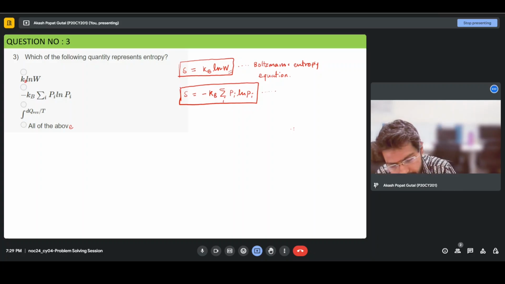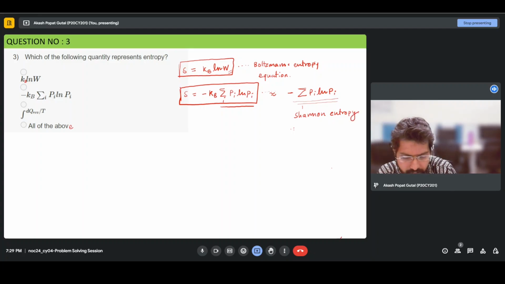This form, the negative summation of pi ln pi, is the Shannon entropy in information theory. The physical entropy we can find by multiplying it by the Boltzmann constant.